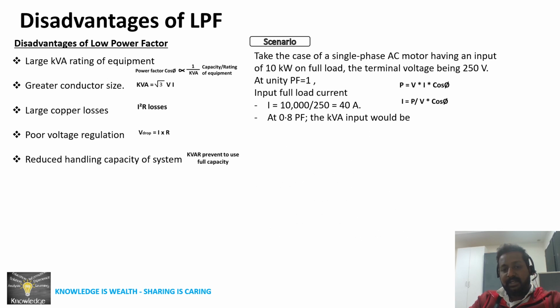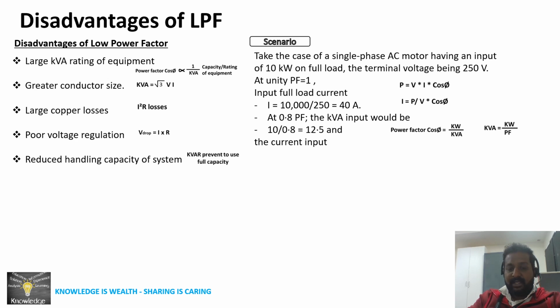Now let's check if it is operating at 0.8 power factor, then the KVA itself is increased. Because power factor is equal to kilowatt by KVA, then KVA is equal to kilowatt by PF. So KVA is equal to 10 kilowatt divided by 0.8 power factor, which is 12.5 KVA.